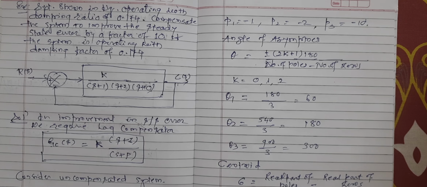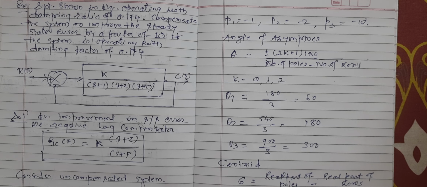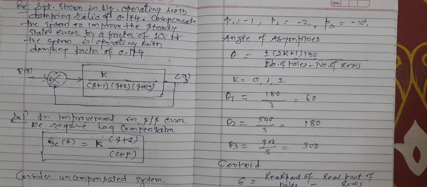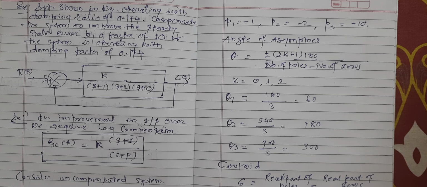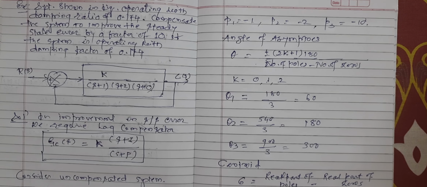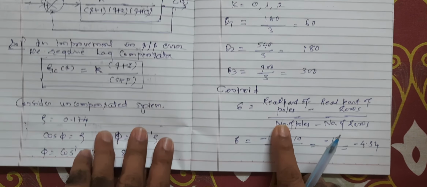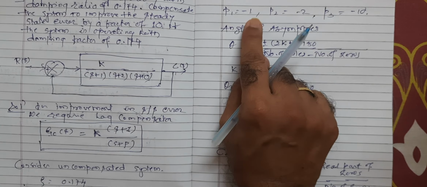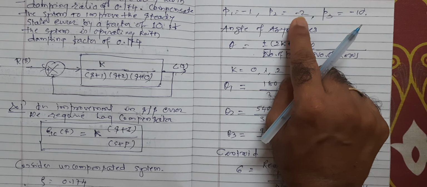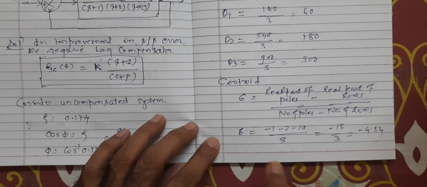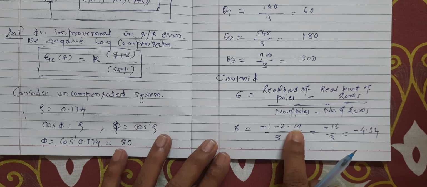So the centroid comes to minus 4.34. Centroid equals the sum of the real parts of the poles: minus 1, minus 2 and minus 10.